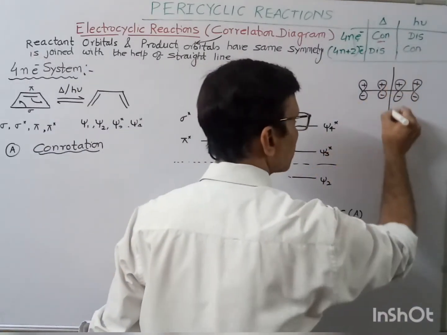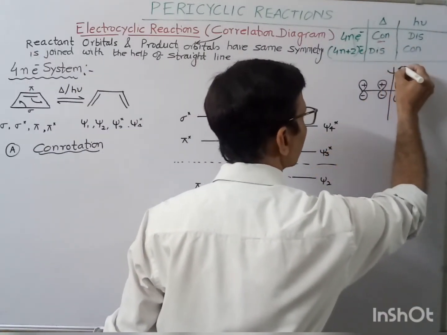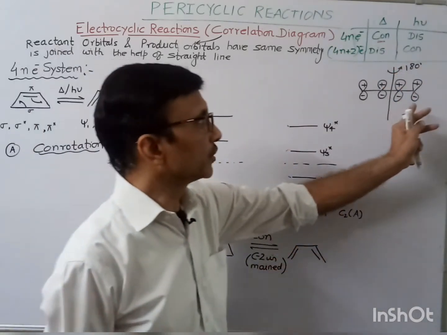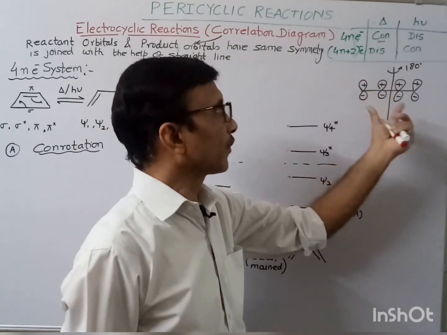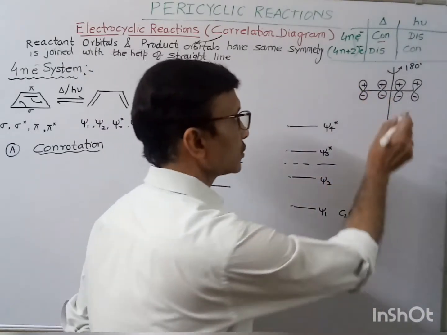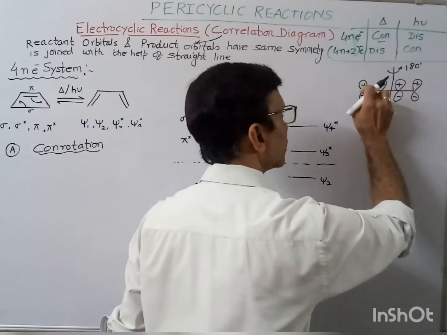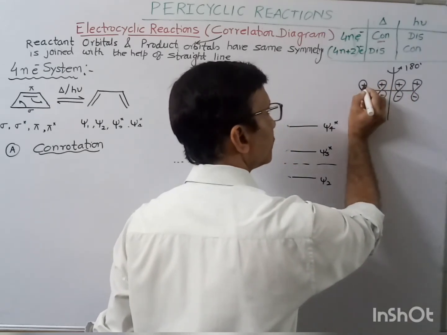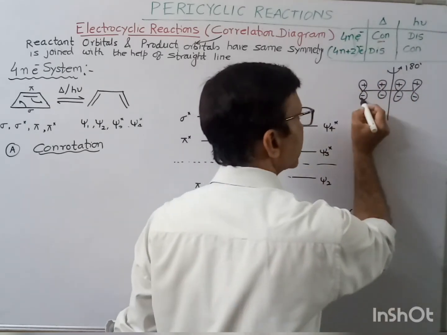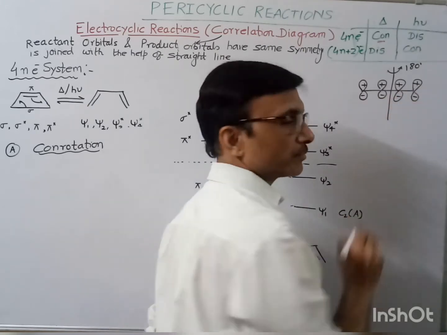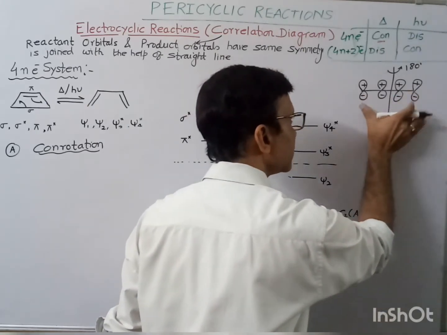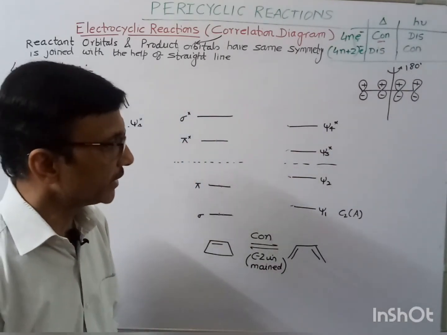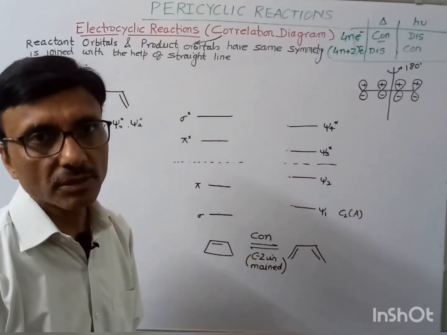If you pass the axis of rotation and rotate it by 180 degrees, you will not find the same molecular orbital after rotation. This point will go over here and this will go over here. In the same way, this negative lobe will come at the place of the positive lobe, and this negative lobe will go to this positive lobe place. So we will not get the same molecular orbital after rotation by 180 degrees. That's why it is antisymmetric.